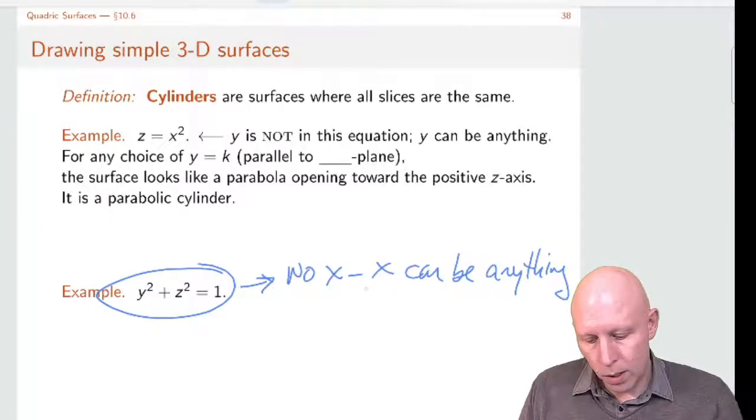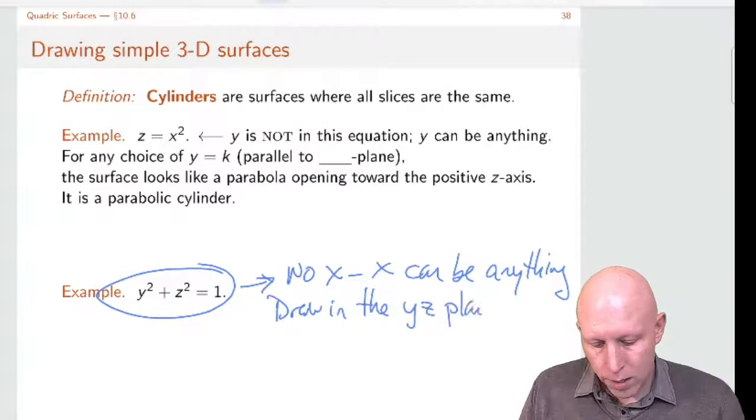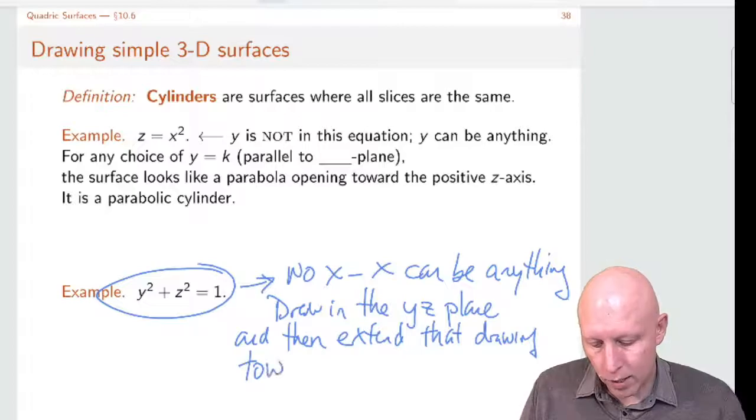All right, and since x can be anything, let's first draw in the yz plane and then extend that drawing towards the positive and negative x-axes.